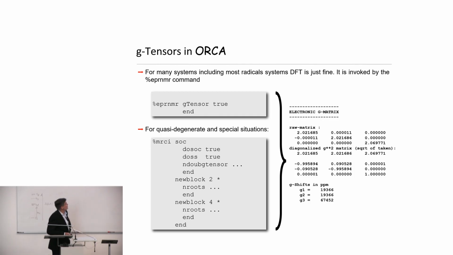And then the program will print something like this, the raw matrix, and in this case it happens to be already pretty much diagonal. Then the diagonal is the square root of the eigenvalues of the G squared matrix. That is then the actual G values, and there are 3 of them because G squared is a tensor.